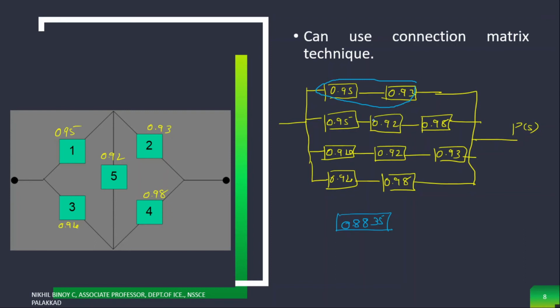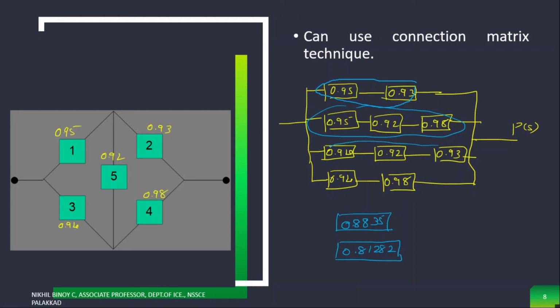This is the first one. Now find the second one: 0.95 into 0.92 into 0.93, which gives 0.81282. That is the second one.